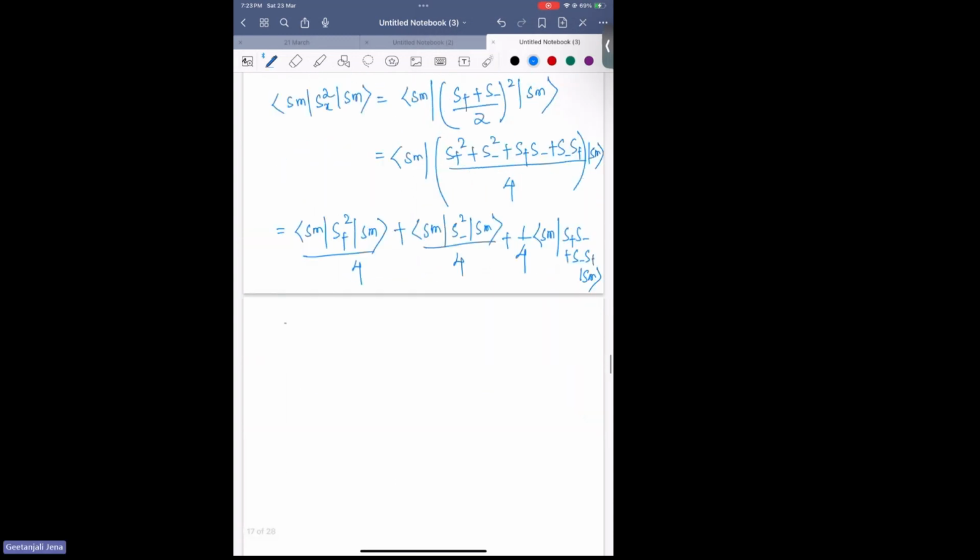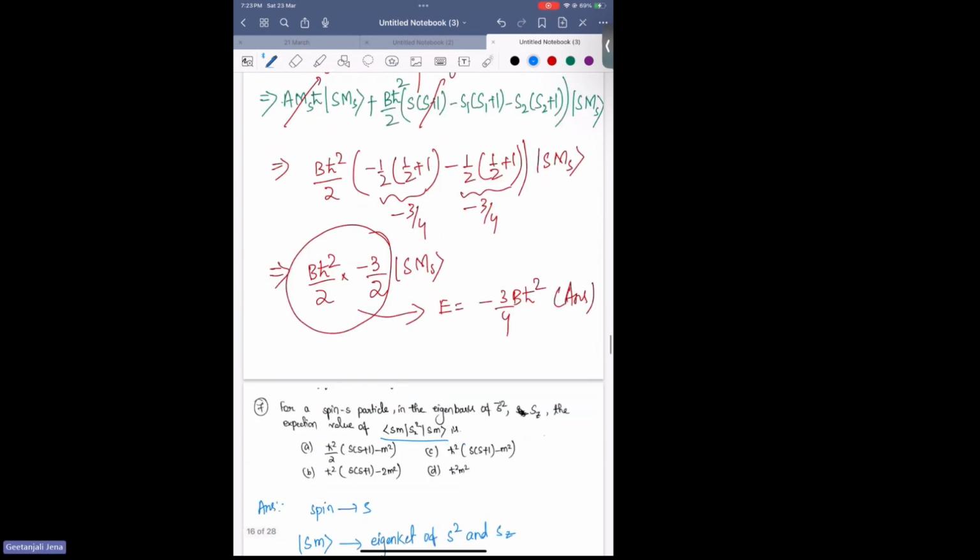So now you know that if S plus acts on Sm, or S plus square, then it raises the state of the system. So it will take S to S plus 1. No, sorry. So it will change the state of the system.